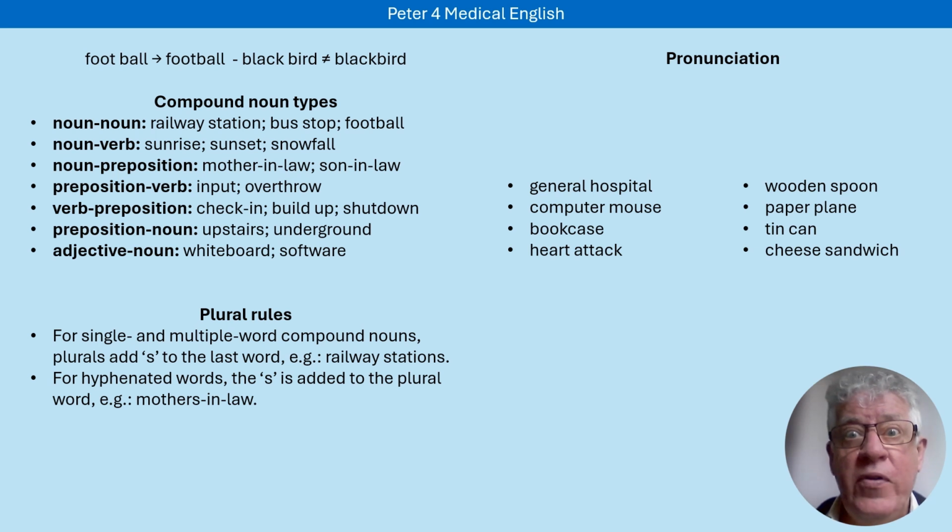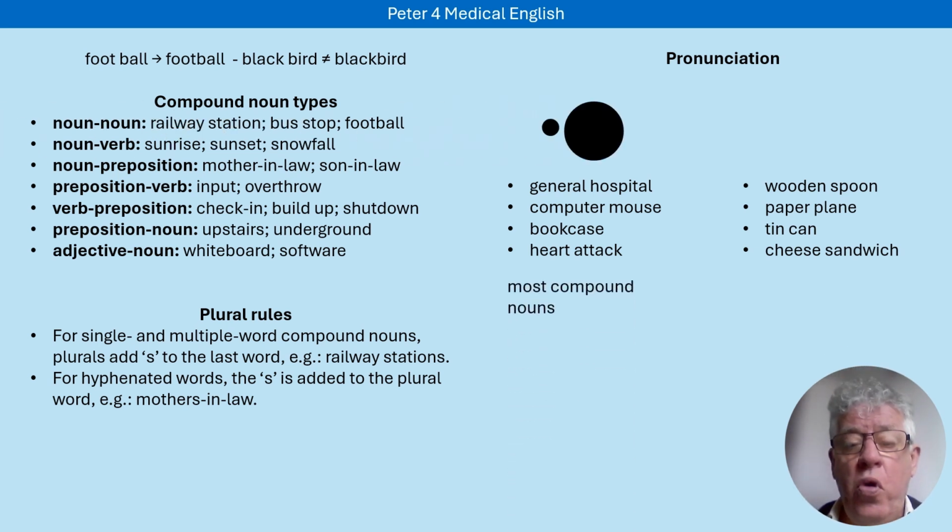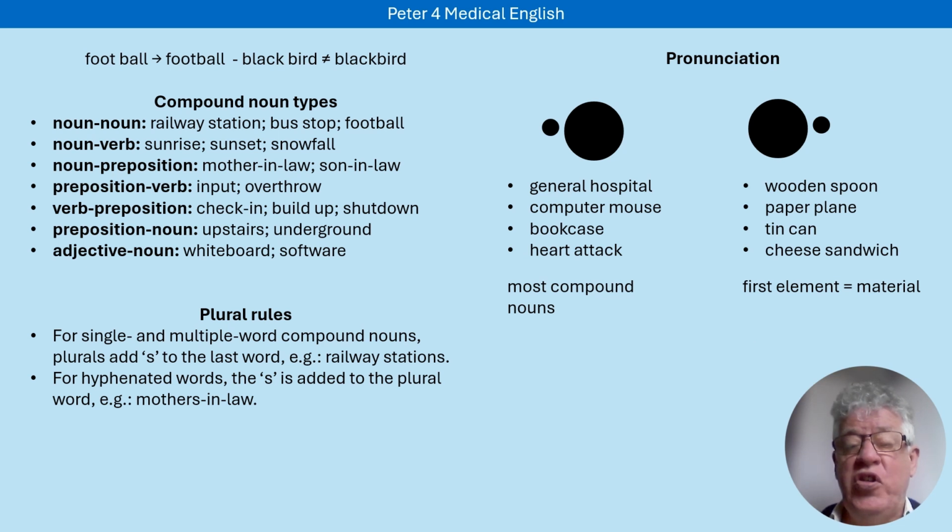Could you hear the difference? Well, normal compound nouns have the stress on the last element, whereas in cases where the first element describes the material in which something is made, the stress goes on the first element.